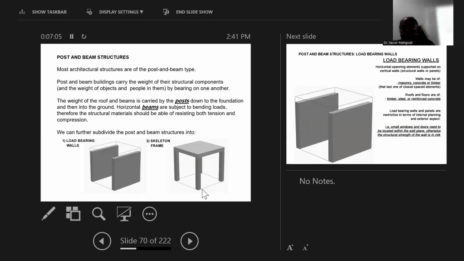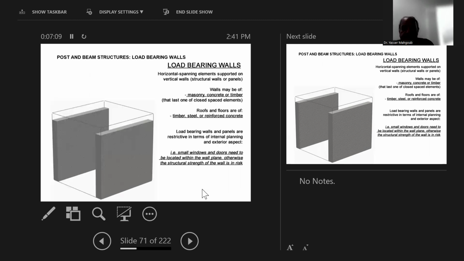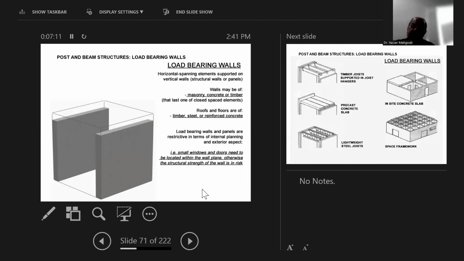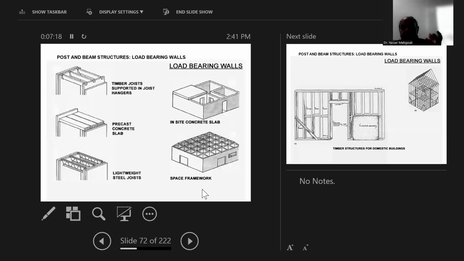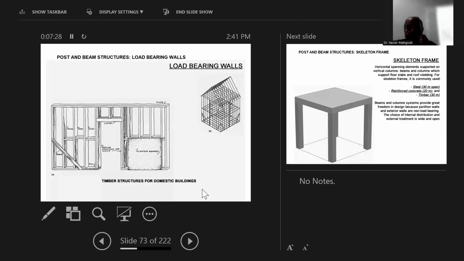Now, as we said, we start with the load-bearing walls to the skeleton. The load-bearing is the oldest type that is rarely used nowadays. It was transformed into a skeleton with columns and beams that can be used to transfer the loads.